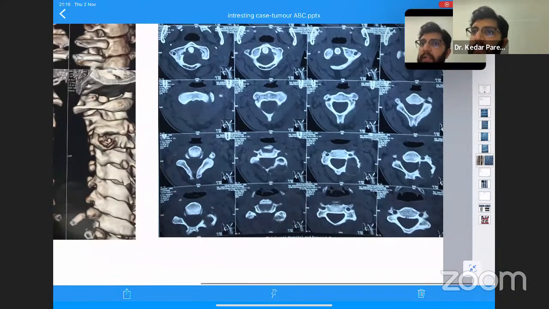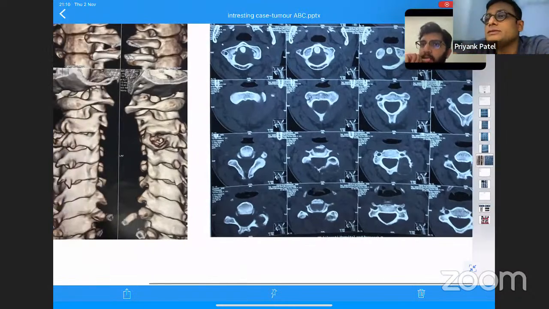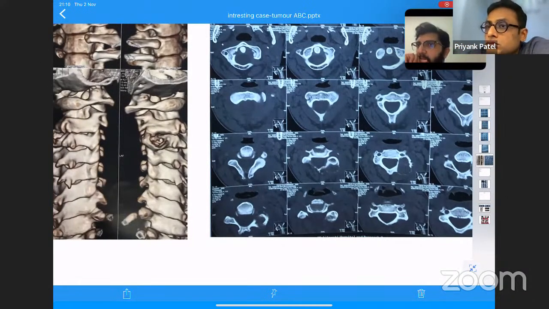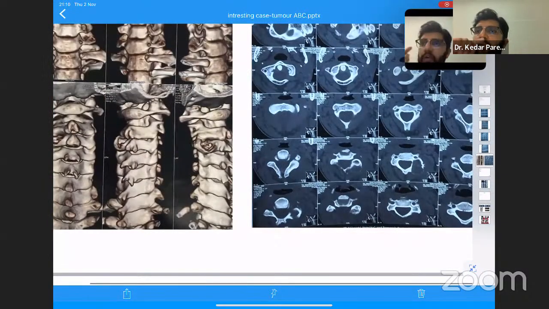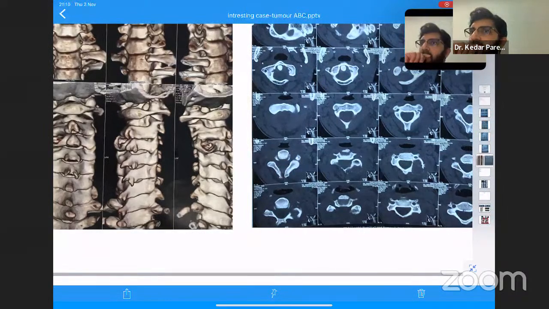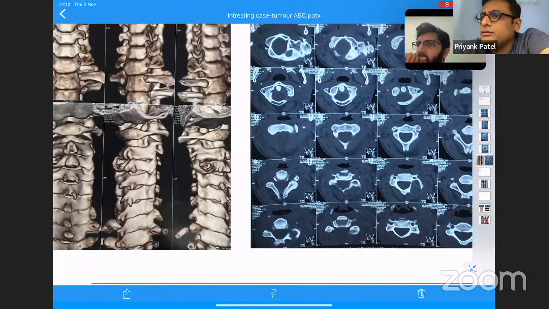There is a plane between the vertebral artery and the tumor. Okay. What else? The canal is mostly not compromised. Correct. No, you're absolutely fine.